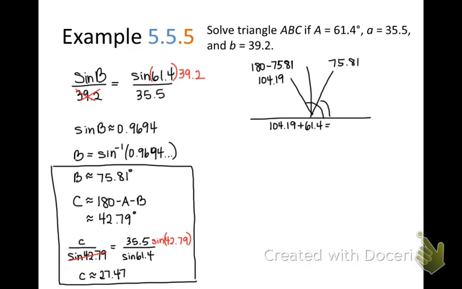So if you were to have a third angle C, here, let me rewrite this because I'm getting myself all over the place. We're at this step right here now, right? We have another potential angle B right here. So if I were to find another angle C, it would be approximately 180 minus the 104.19 minus the 61.4, right?